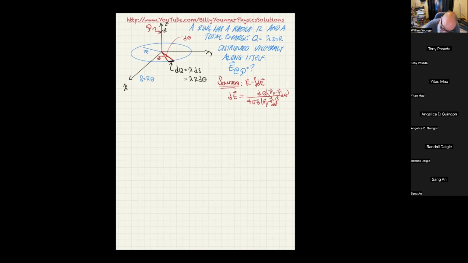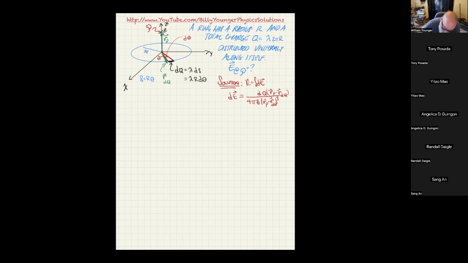So let me pull out my green pencil. This vector right here is rp. And this vector right here is rdq.